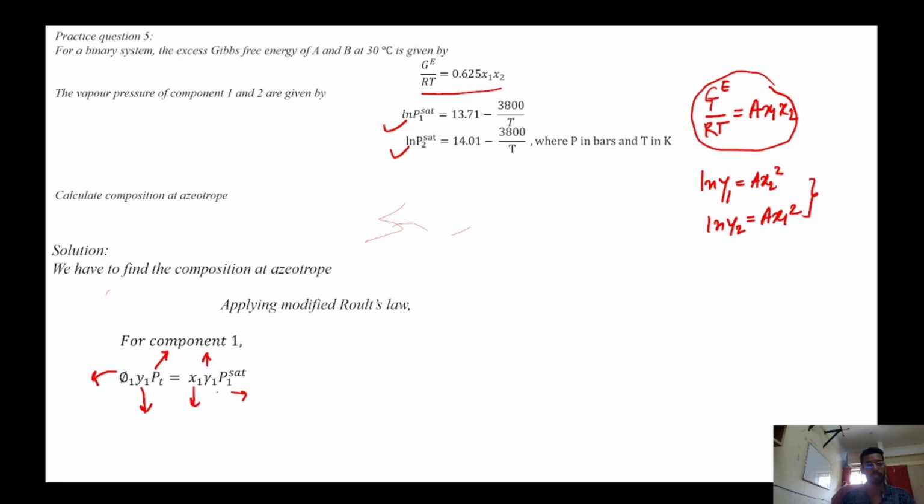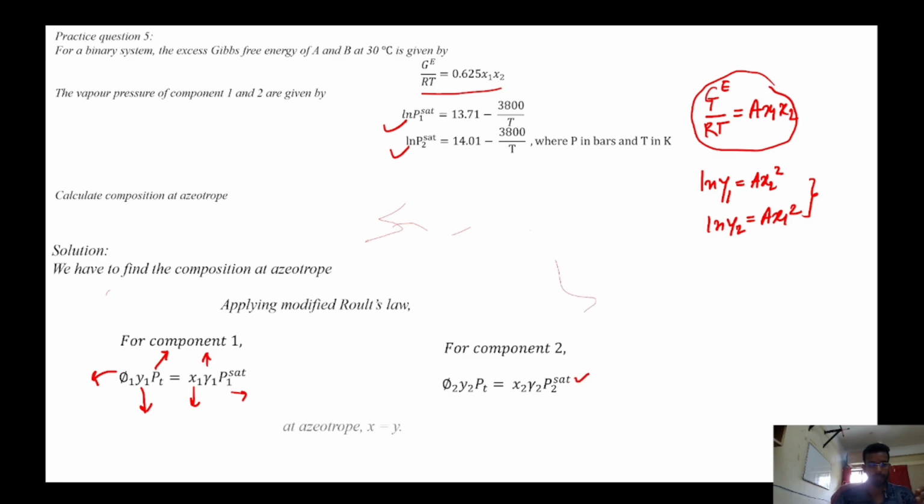Fugacity coefficient measures the deviation from the ideality in the vapor phase, and activity coefficient measures the deviation from the ideality in the liquid phase. Okay. Now for component 2, the same.